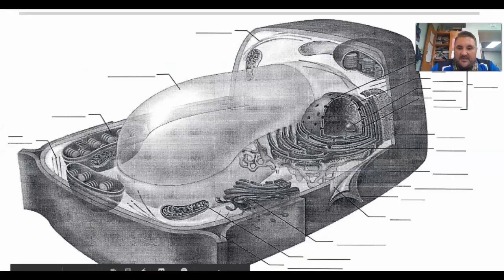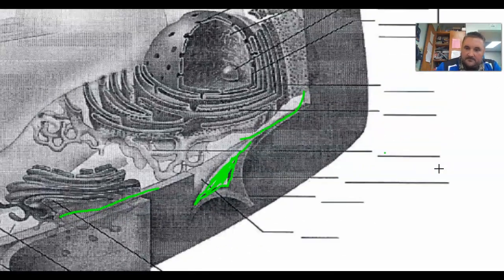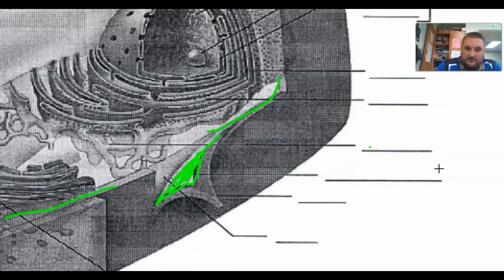All right, this is a plant cell. Our cell membrane is not the outermost covering in a plant cell. It's actually this layer here that goes around on the inside here. So this is our cell membrane.